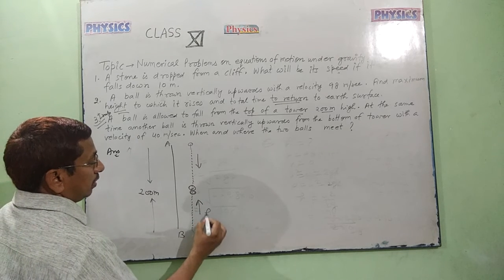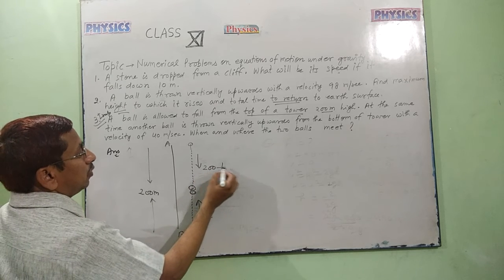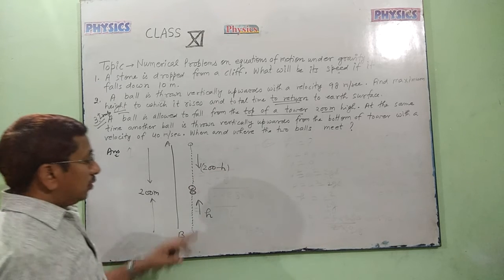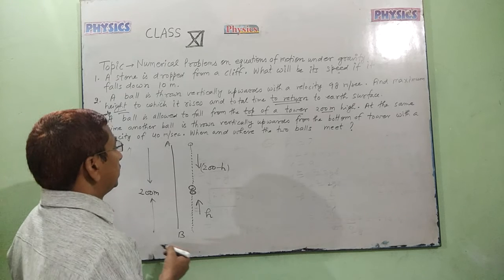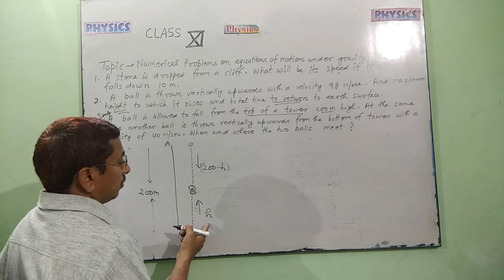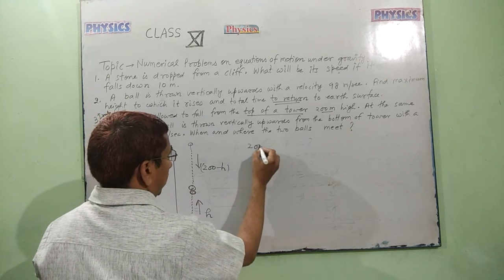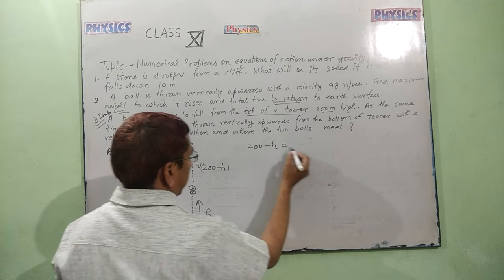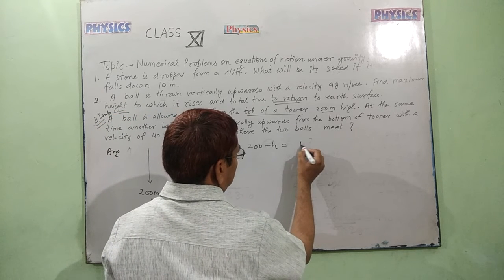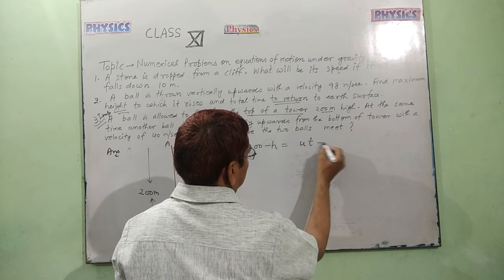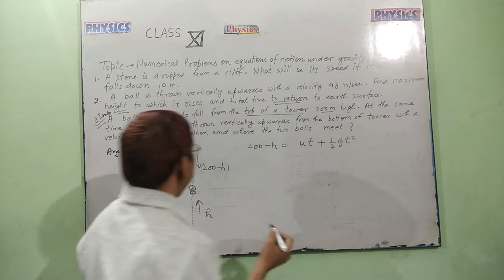Let this height be h, and this becomes 200 minus h. It means we have to put two equations here, that is for upward motion and for downward motion. So this is 200 minus h is equal to ut plus half gt square.